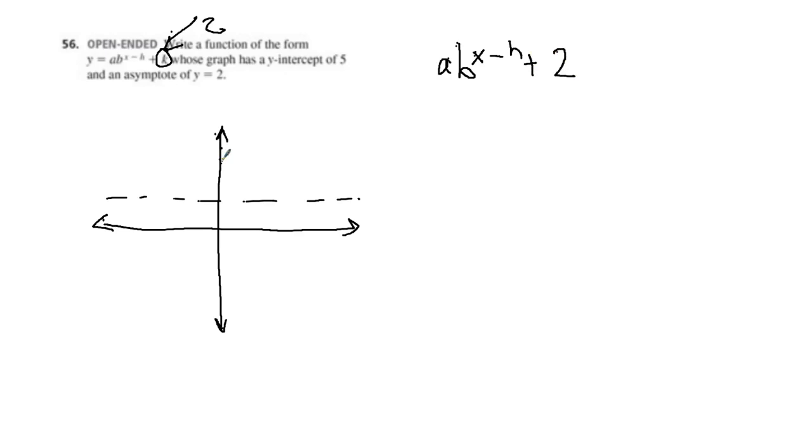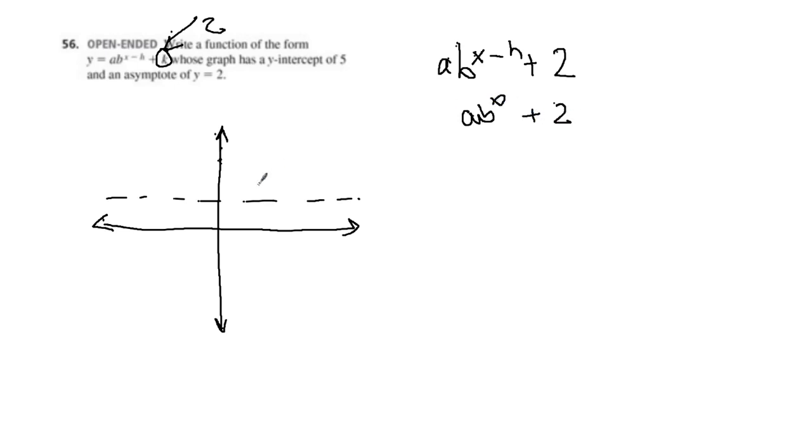The y-intercept is 5. We want to make this as easy as possible, so we can just have our a at about 1, right? So now we can have our minus h at about 1. So now we have a times b to the x, plus 2.